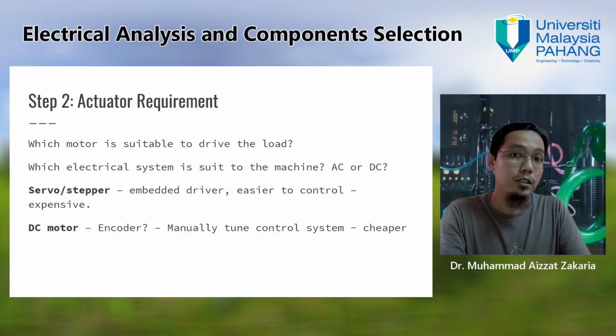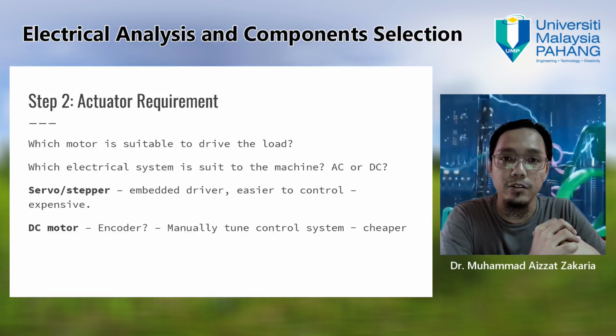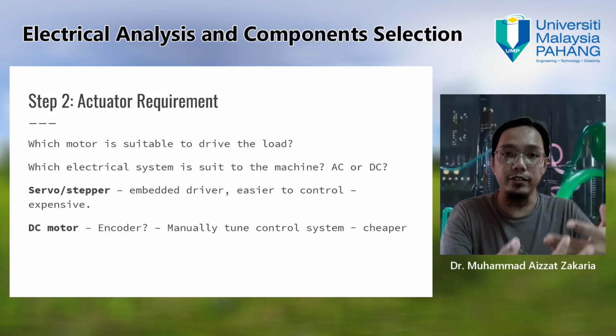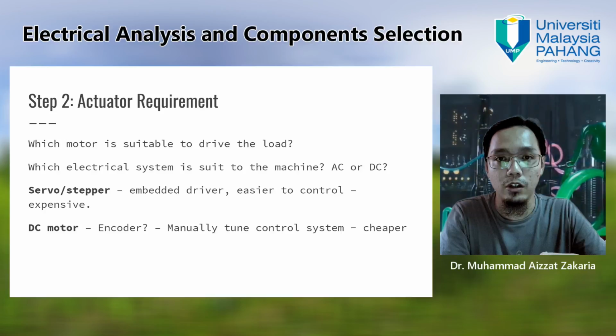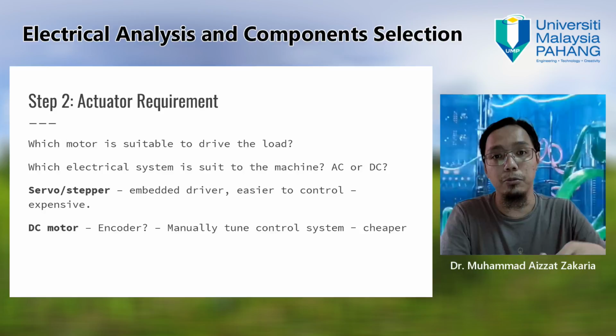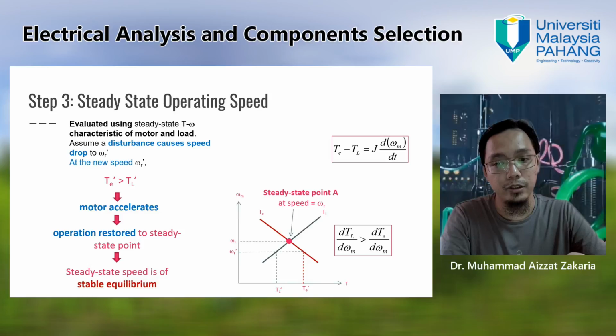Then the problem is you have to understand how to manually tune your system so that it achieves the desired performance. This one is cheaper, but of course it comes with higher complexity compared to the stepper motor. So it depends on the system requirement and your priority.